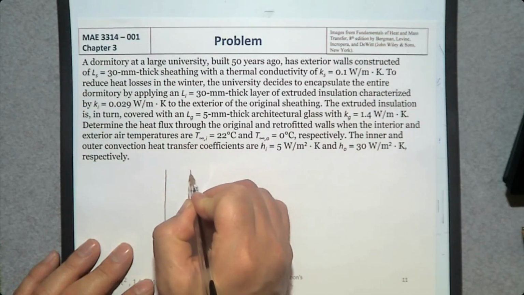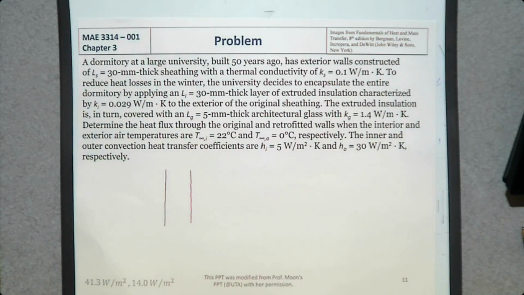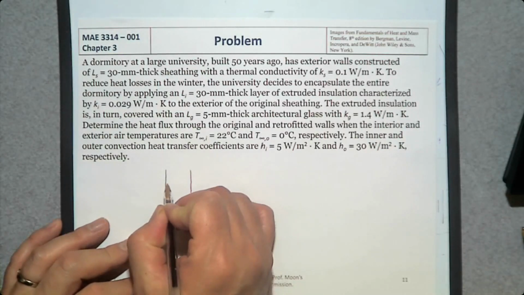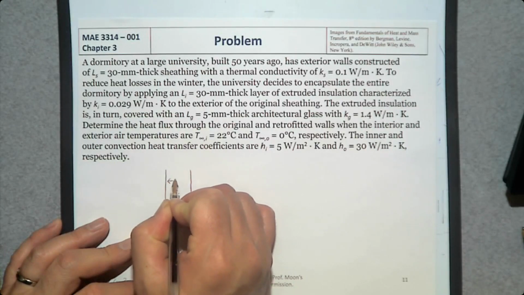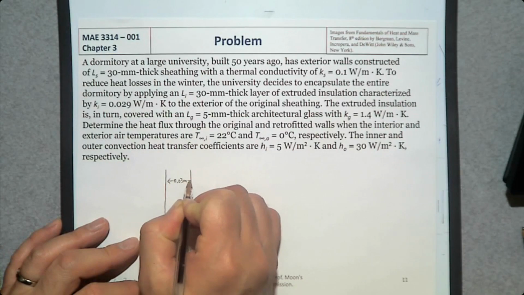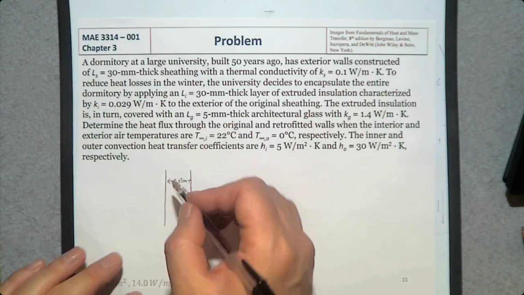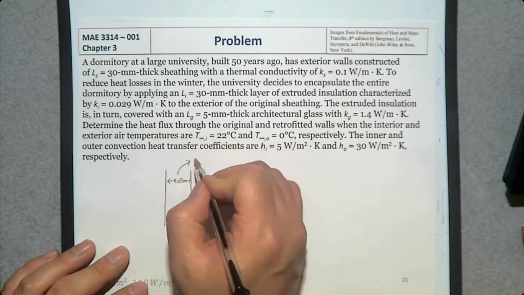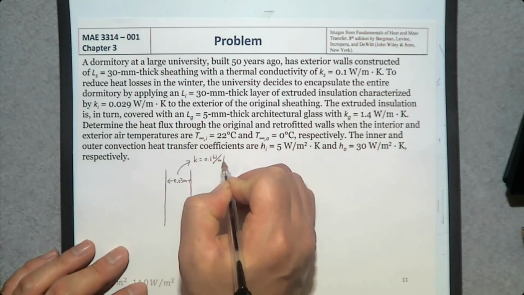This wall has a thickness of 30 millimeters, 0.03 meter, and its thermal conductivity is only 0.1. Hey, this one is a very expensive material. The thermal conductivity is 0.1 watt per meter Kelvin.